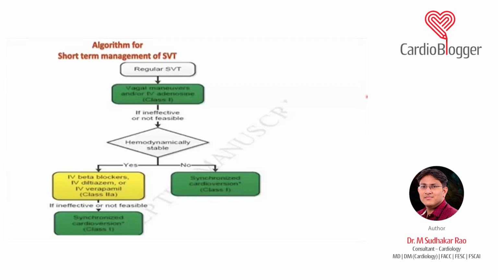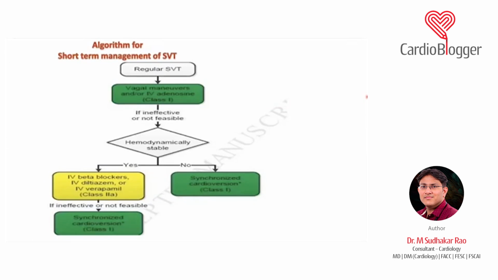Only if these maneuvers are not working, then you have to see if the patient is hemodynamically stable or unstable. Most of the time SVTs are stable unless their rate goes more than 250 to 300. So most of the time they are stable, and they have to be first managed with IV adenosine. When you give adenosine, you usually give the first dose of 6 milligram.